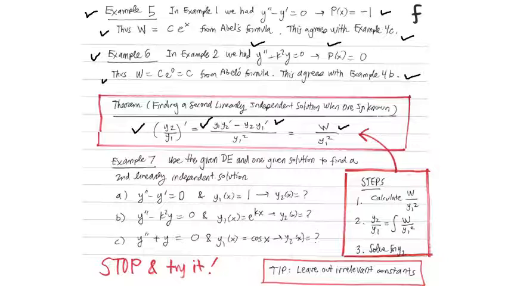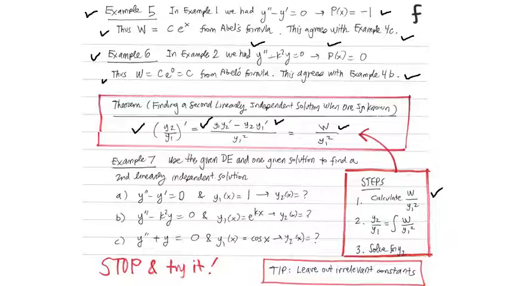So the way we're going to use this, and I'm going to ask the viewer to try it before going on to the next video. In a typical application, the Wronskian would be a known thing, y1 would be a known thing, so the Wronskian over y1 squared would be a known thing. According to the identity we just observed, the derivative of y2 over y1 is equal to the Wronskian over y1 squared.